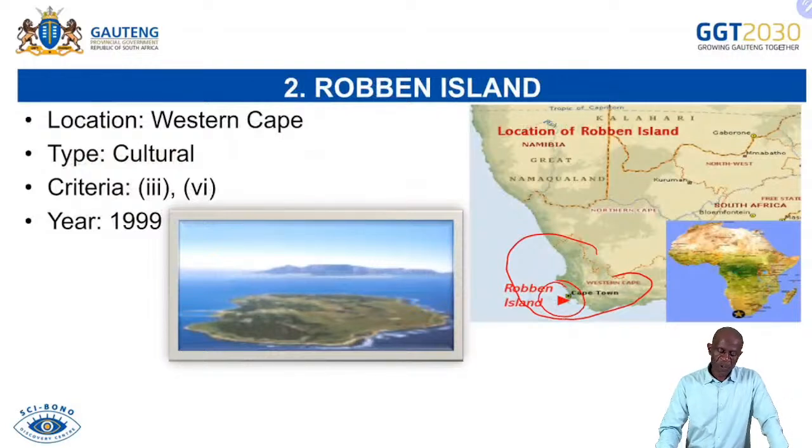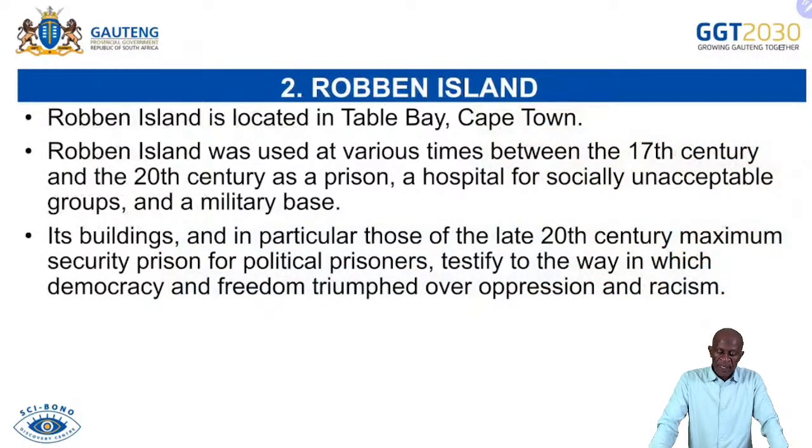So I'm sure you won't struggle to identify the location of the 2 World Heritage Sites that we are currently discussing. Robben Island is located in Table Bay, and the city is Cape Town.